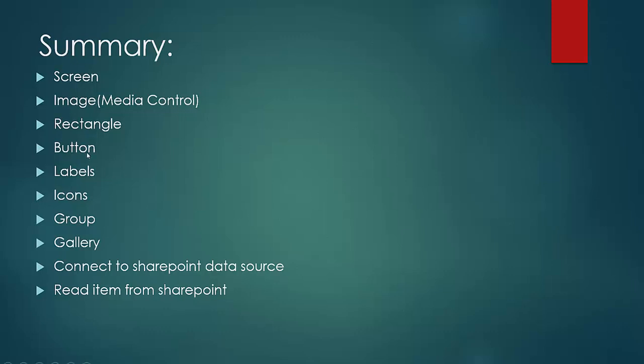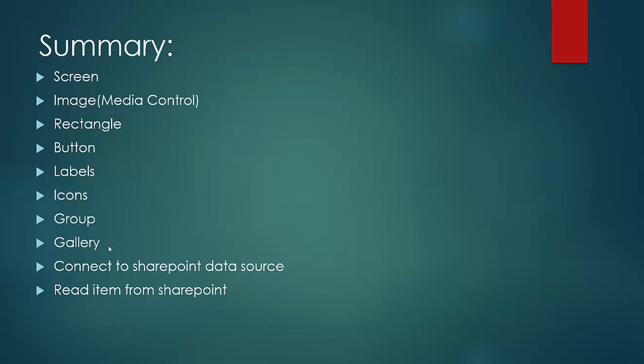We saw the usage of the button, how we can modify our button, and the usage of the border radius property of the button. We saw the usage of the default icons which we have in Power App. We saw how we can group related controls together in one group. We saw the usage of gallery, how to connect to the SharePoint data source, and how we can read items from the SharePoint.